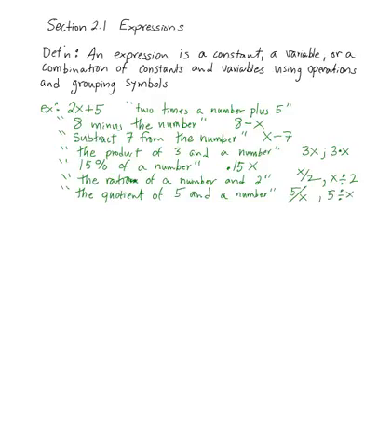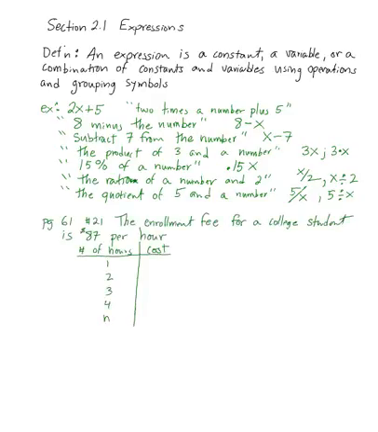The last thing you're going to see in this section is they're going to give you a table, and they're going to give you a rule for helping you fill in the table. Let me see if I can find one of those in the book. I have number 21 on page 61. It says the enrollment fee for a college student is $87 per hour.